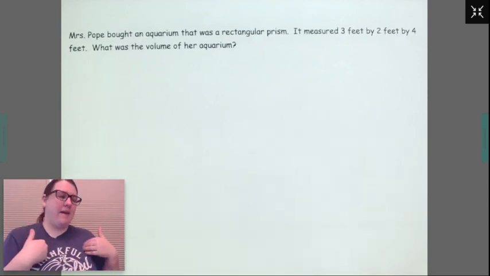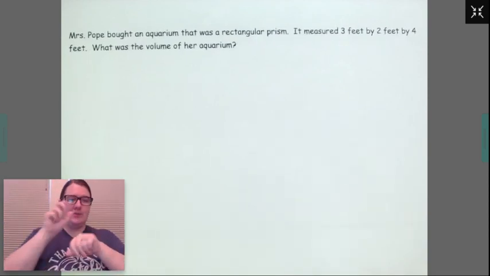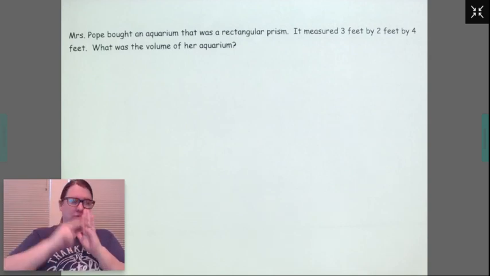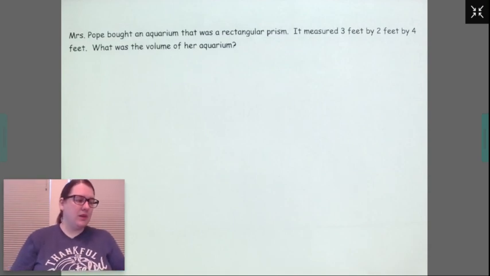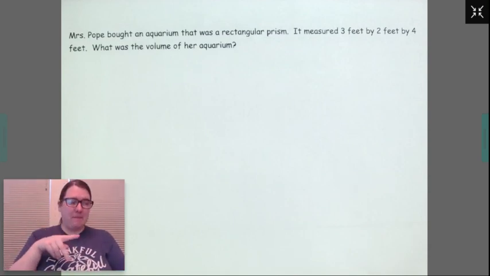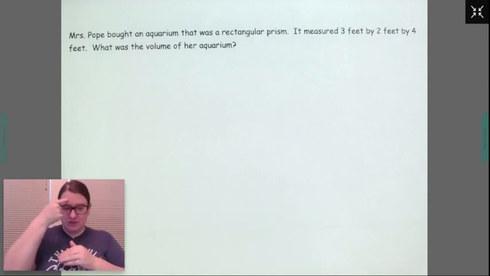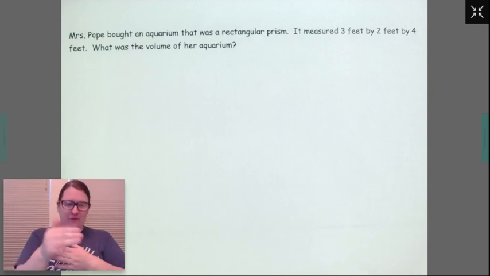Okay, we have a word problem to work on. We have 3 steps, but first let's read it. Miss Pope bought an aquarium. That's a box for fish to live in.